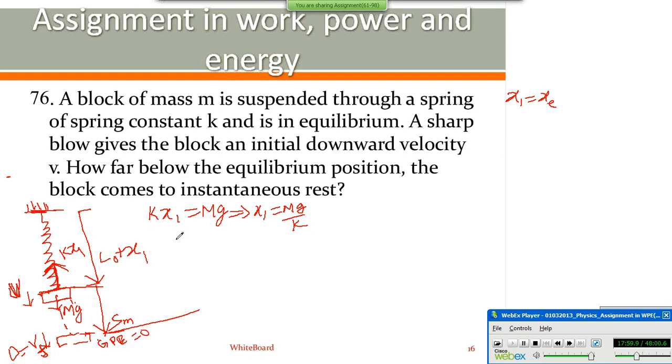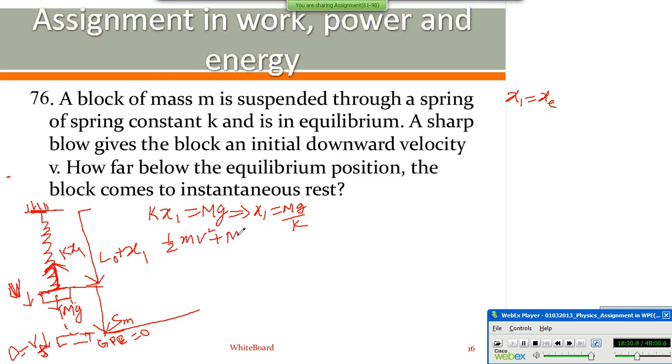As I discussed in the past, when we come across a problem involving a block and a spring, we can consider the block and spring together as one system. Then the total mechanical energy of the system is the sum of three terms: kinetic energy of the block plus gravitational potential of the block plus elastic potential energy stored in the spring. In the initial position, the kinetic energy of the block is half mv square.